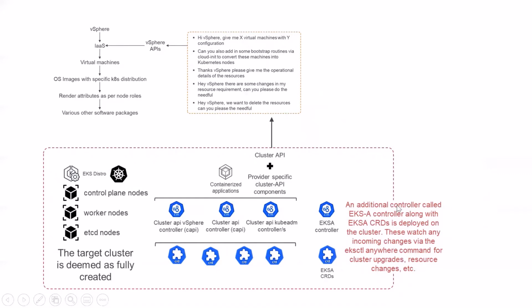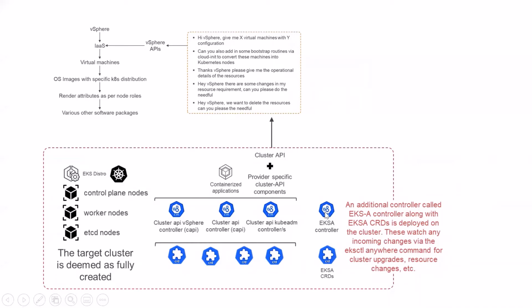And then, while the move happens and the bootstrap is deleted, at that stage EKS Anywhere installs an additional set of applications, which has the EKSA controller, beyond the cluster API components and the CRDs, and a set of CRDs in association with these two.